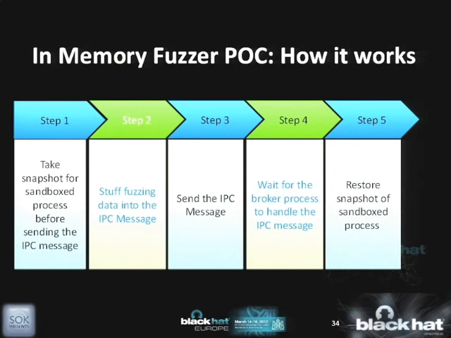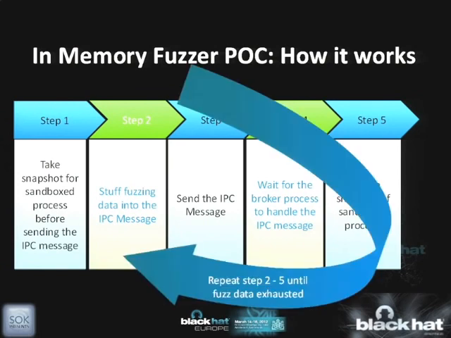Then you resume execution and the IPC message gets sent. You wait for the broker process to handle the IPC message. You hope that it's going to crash, which means you found a bug somewhere. And if not, you restore a snapshot of the Sandbox process, and you start again until all the fuzzing data is exhausted.